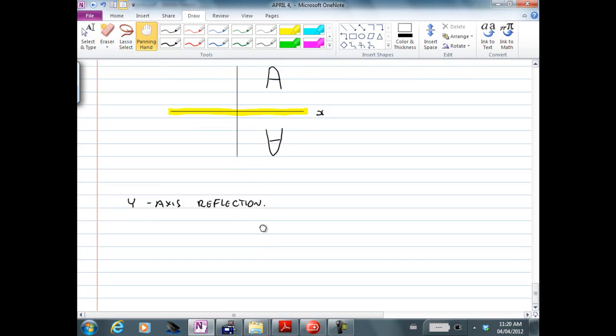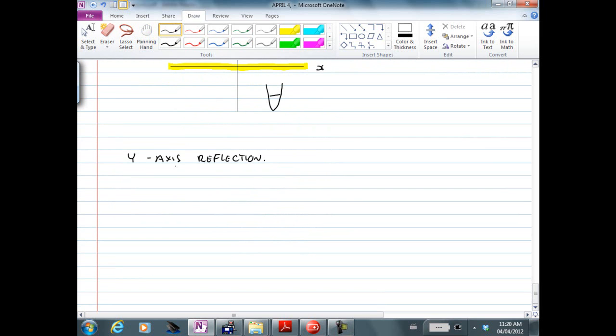I'm going to give you an example right now. You have y equals negative f of x. If the negative sign is in front of f, that's the x-axis, from what I've taught you before.